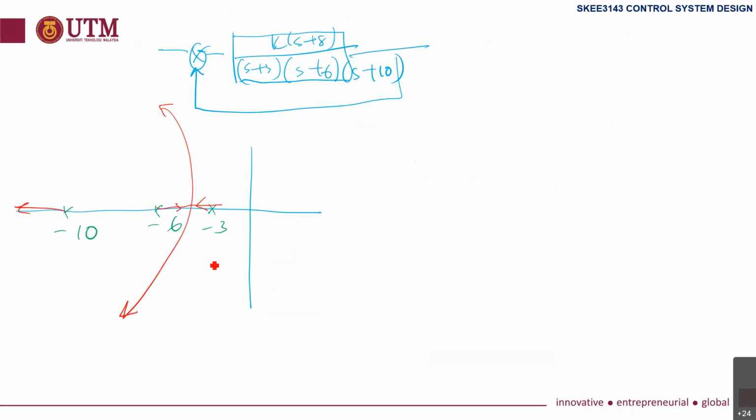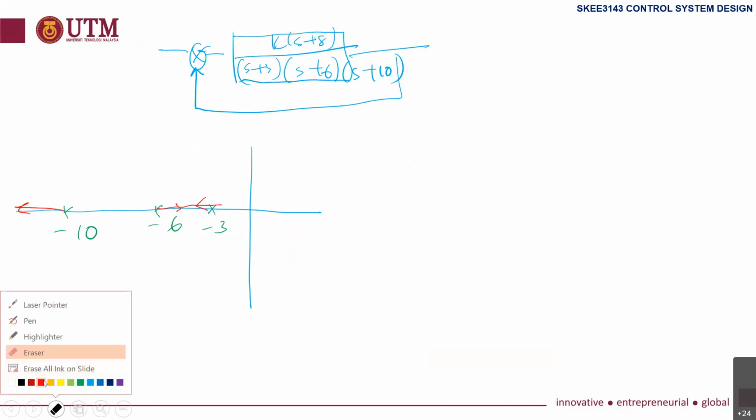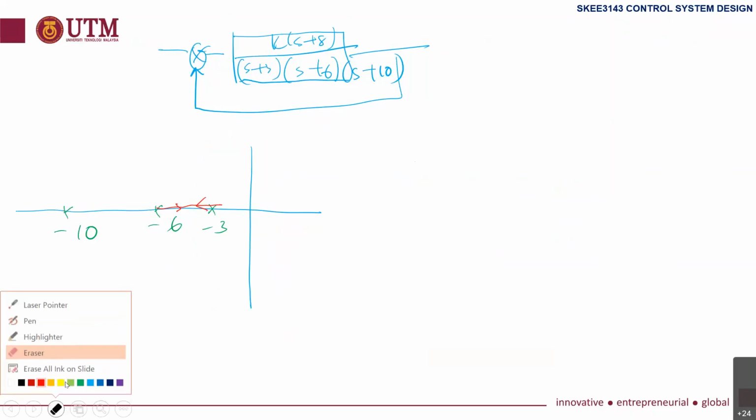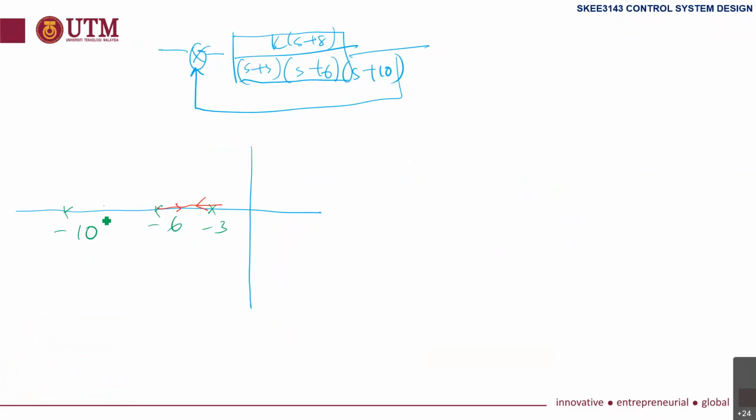Oh, sorry, I made a mistake. This should be a zero at -8 here.